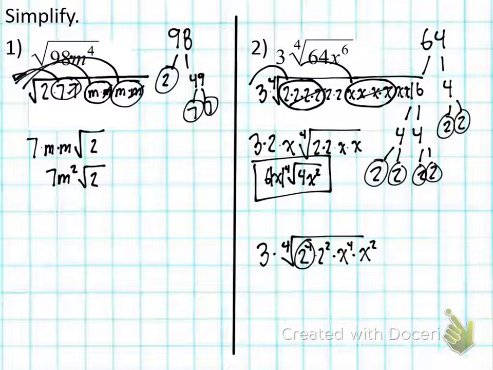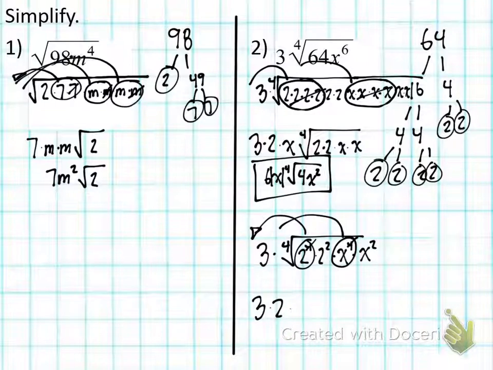I could have circled my 4, or 2 to the 4th, crossed out the 4, brought it across, and then I would have known that the leftover was still there. Okay, so I could have still continued 3 times 2 times x to the 4th root of, oh, that's not 4th root, to the 4th root of 2 squared x squared, which is 4x squared, and then finish my problem.